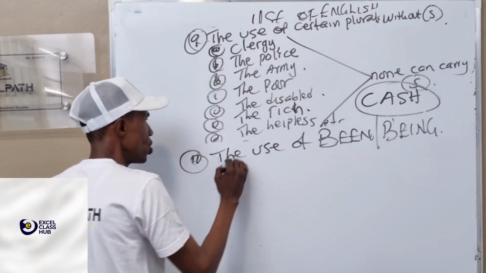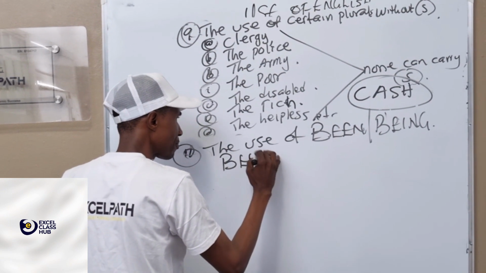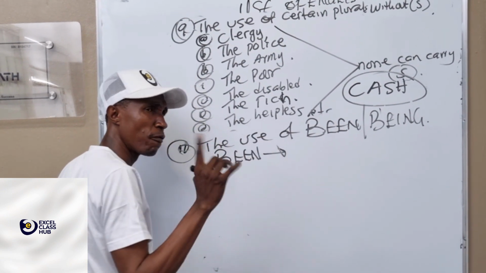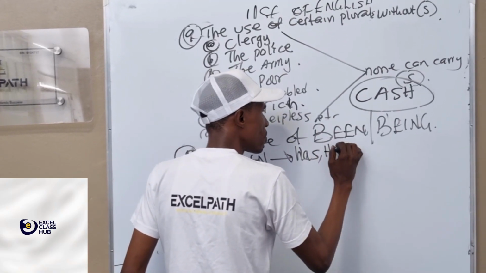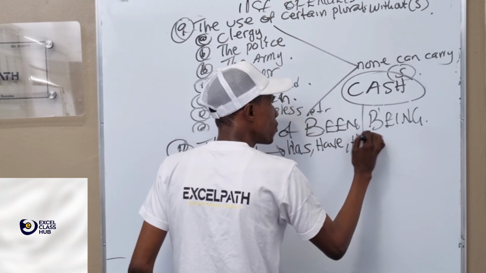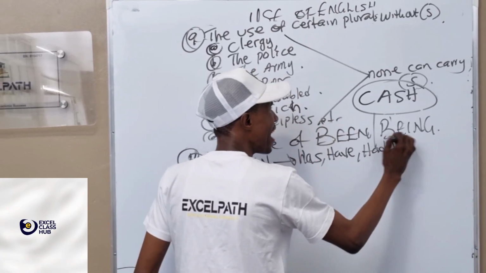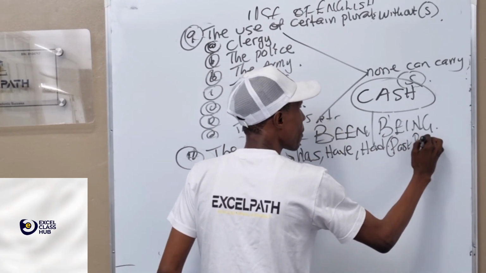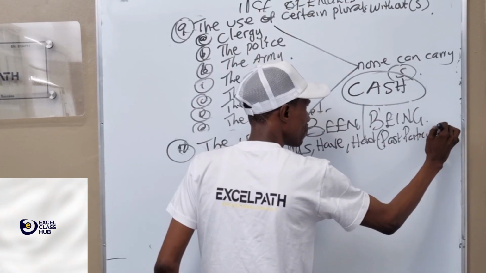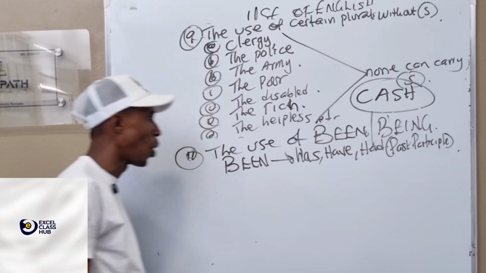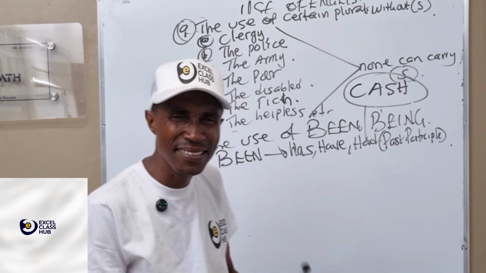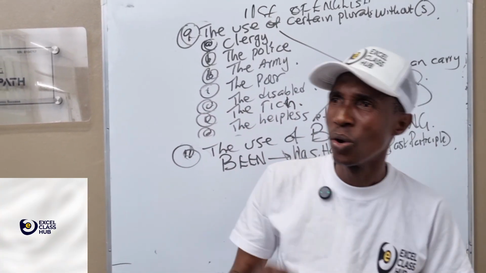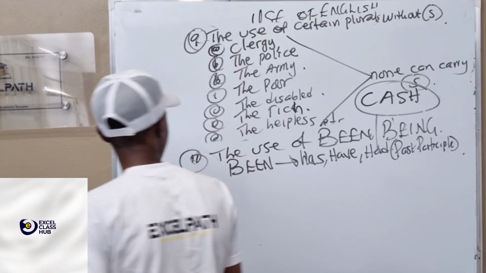Take for instance, your been. If you want to make use of it, it goes with has, it goes with have, and it goes with what? Had. They are regarded as past participle. Your been goes with your past participle.